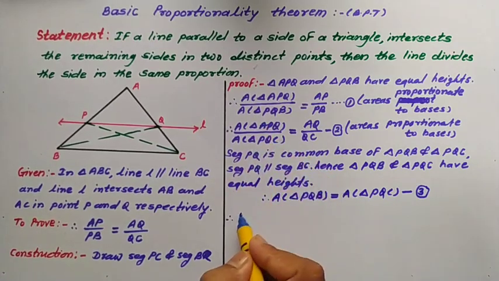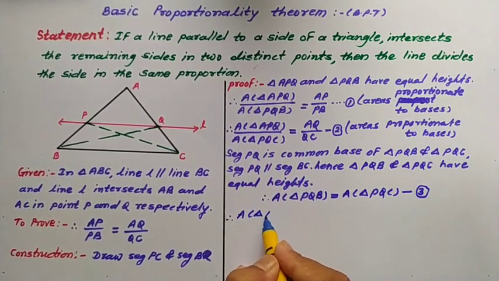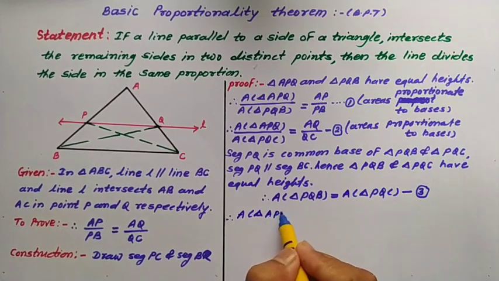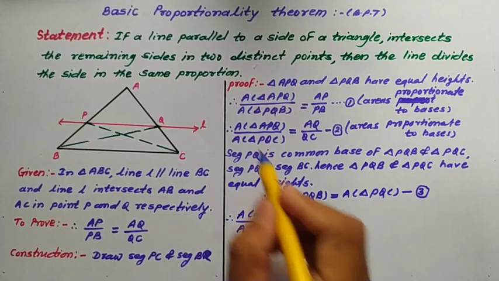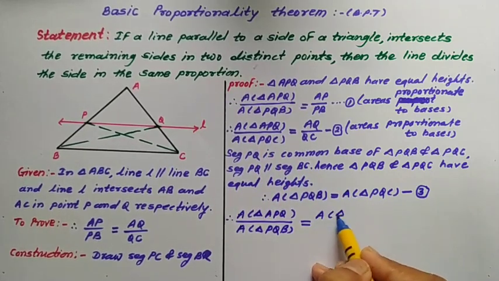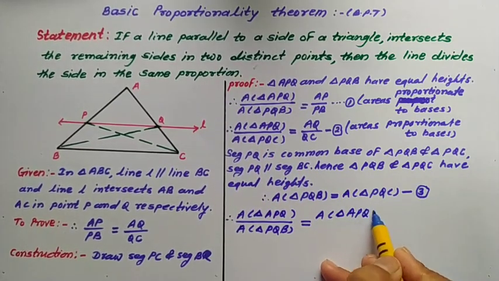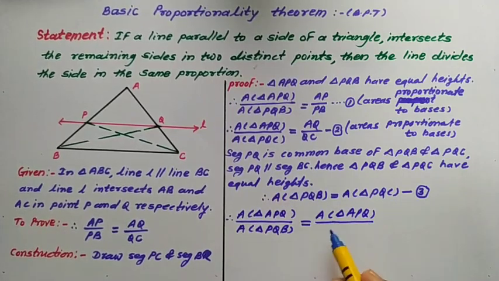Therefore area of triangle APQ upon area of triangle PQB is equal to area of triangle APQ upon area of triangle PQC.